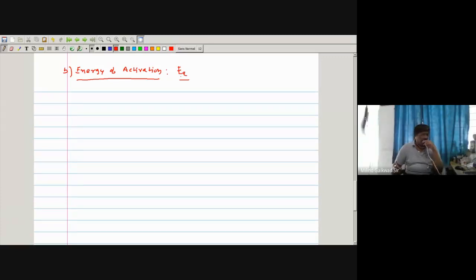Ankita, what is the energy of activation? We have seen it also in the nucleophilic substitution reaction. What is meant by energy of activation? Anyone can tell? Supriya Chaudhary, what is the energy of activation?